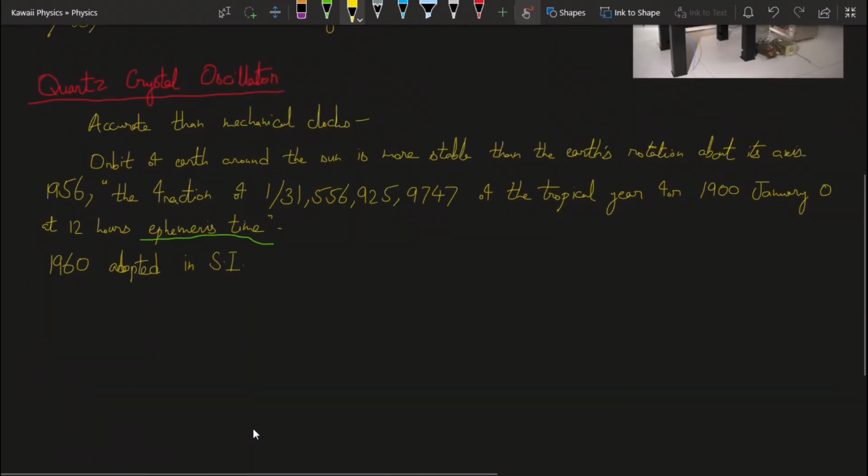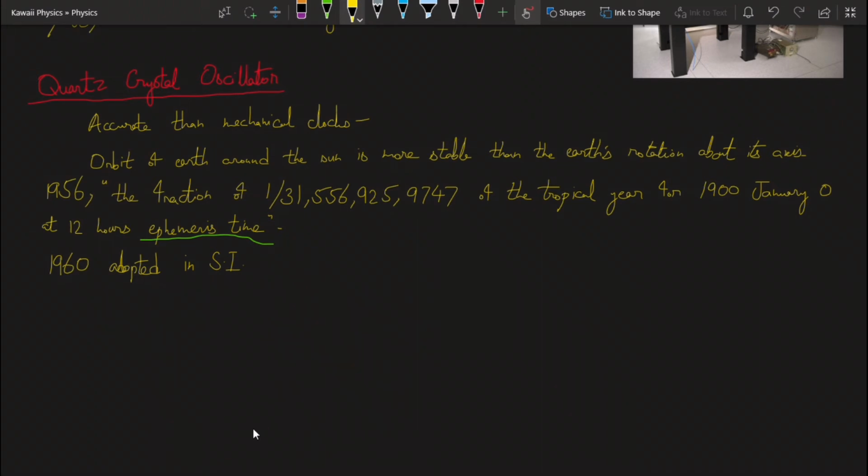So the quartz crystal, even though it was more accurate, was not accurate enough for more and more precise timekeeping. We wanted a more accurate device for measuring time.